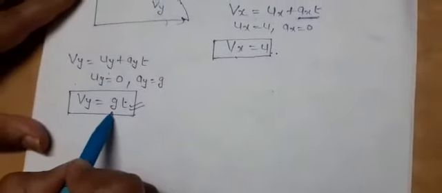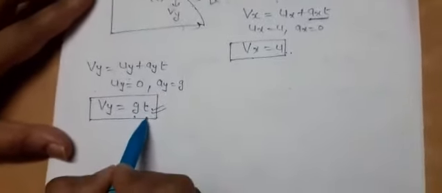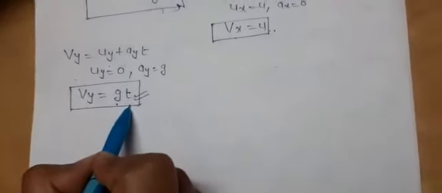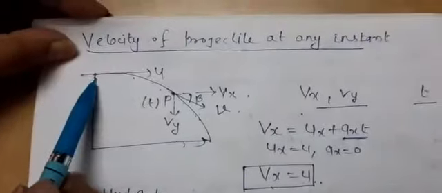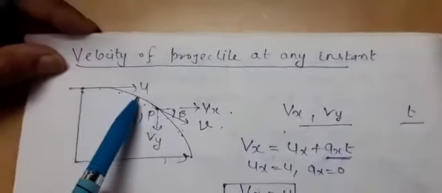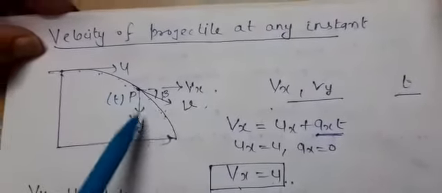Acceleration due to gravity remains the same along the vertical, but at different instants of time this vertical component will be different. Suppose you are calculating after 1 second. As the time increases, the vertical component of velocity will also go on increasing.